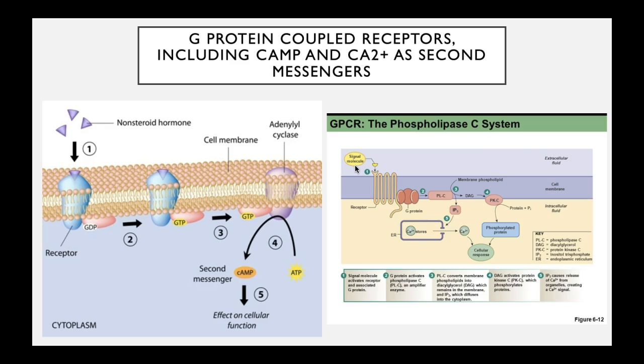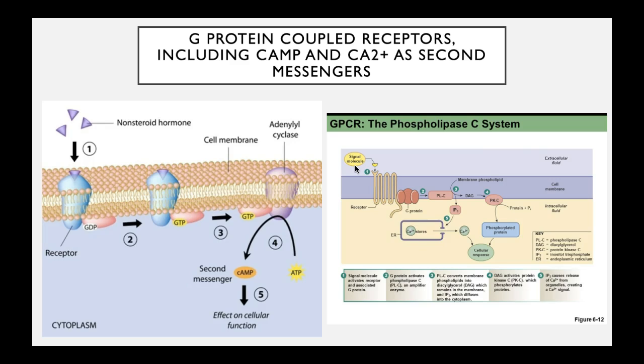It activates the G protein, but this time it'll activate phospholipase C. This phospholipase C splits the PIP2 molecule into IP3, which is right underneath where the number 3 is, and DAG, which is right next to the 3 on the right side. And it serves as a second messenger.